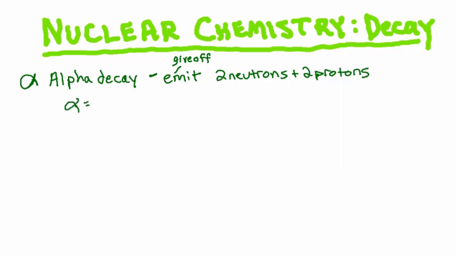The alpha decay, we're going to put a big E for just a generic element, just any element. What it's giving off is 2 neutrons plus 2 protons. Now remember, in isotopes, you add the neutrons and the protons together to get the atomic mass, and you write it in the upper left-hand corner next to the element.